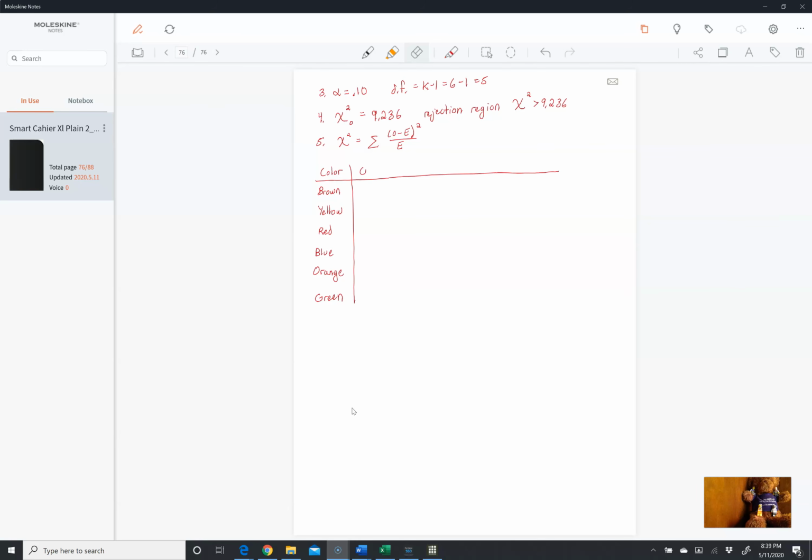We have our observed frequency, our expected frequency, the observed minus the expected, the observed minus the expected squared. And then the observed minus the expected squared over the expected. And we just take the sum of that last column.